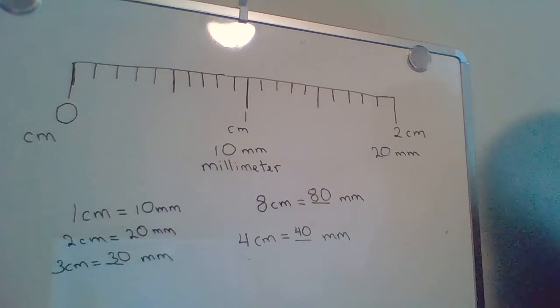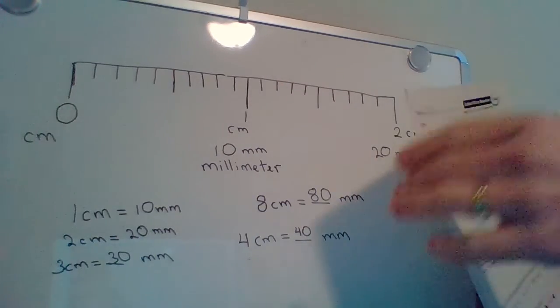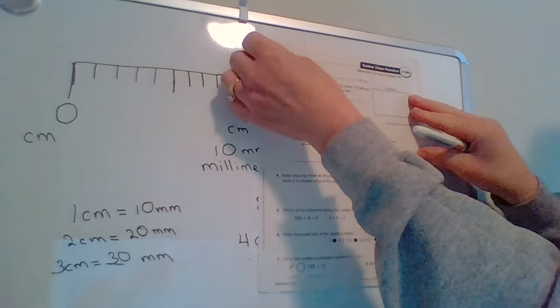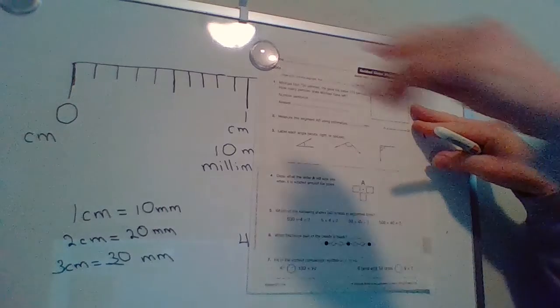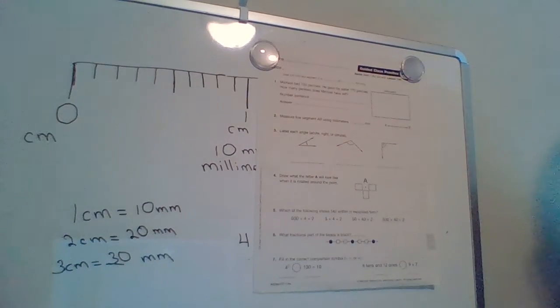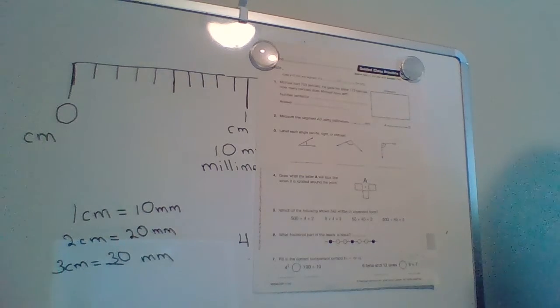Okay, all right, so that is what we're going to be looking at, and we're now going to go ahead and get out your math paper, and this is Guided Practice A. Guided Practice A, 114. All right, here we go. It says, Michael had 750 pennies.